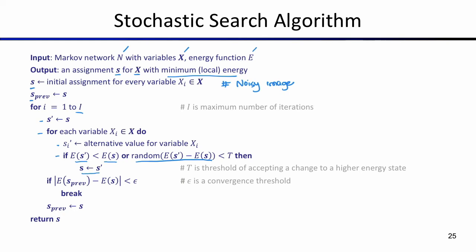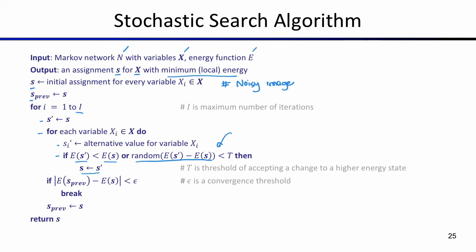So we usually go down in the energy landscape, but sometimes we accept to go up to see if we can get away from these local minimum points. There are many ways of implementing this, and we're going to discuss in the next slide 3 different ways that we can express this decision here.